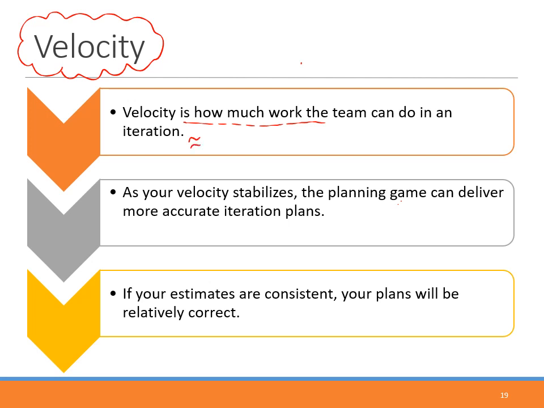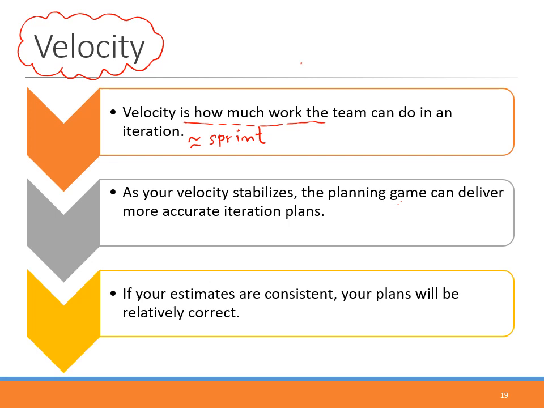It is a sprint in the Scrum method. And velocity is very important because it can tell us how much work we can do in one sprint, and then it allows us to make a very accurate sprint plan if we know the team velocity.